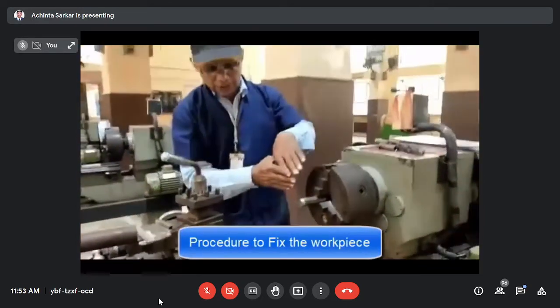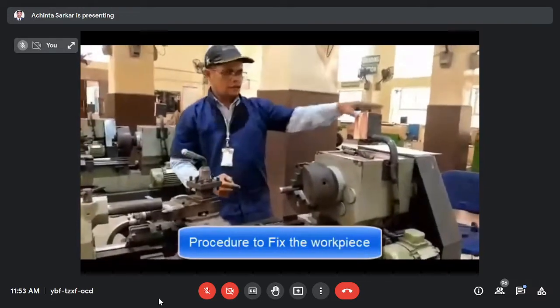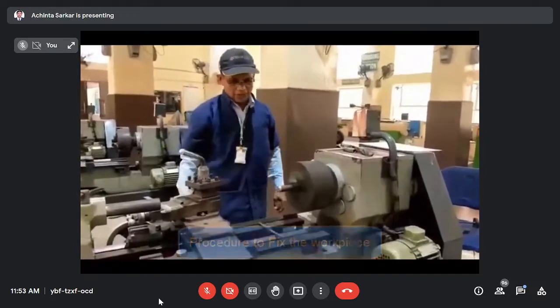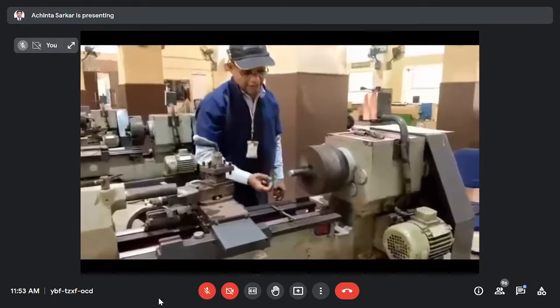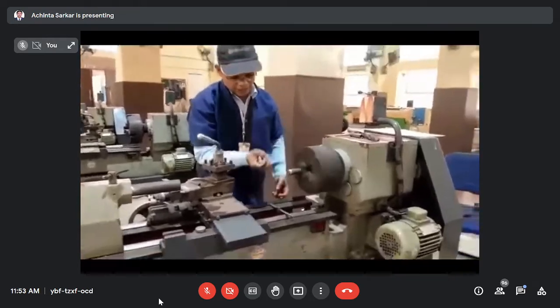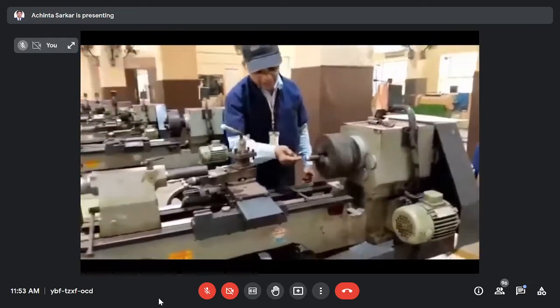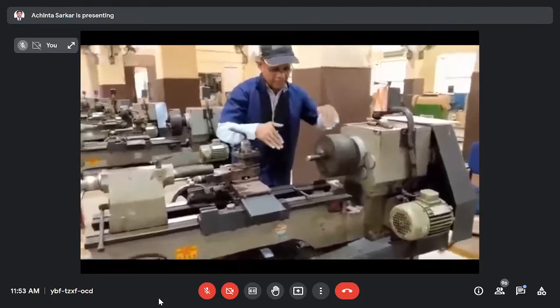Now switch on and check whether it is rotating uniformly or not. If after switching on the machine it is vibrating, this is the wrong position. Again, you have to set the proper center level. That means the axis of the workpiece and the axis of the holding device should be one axis.